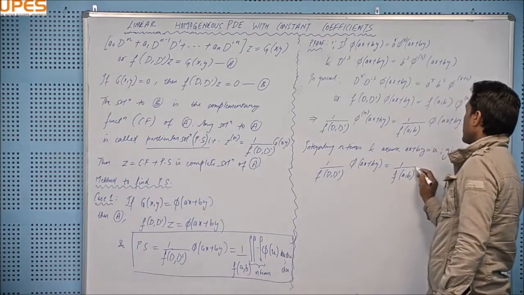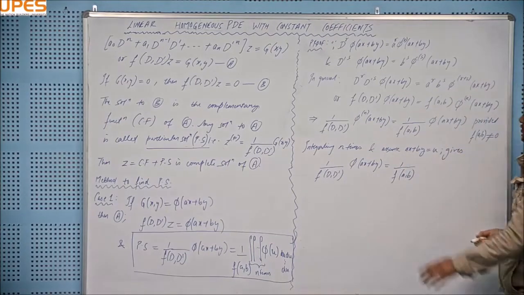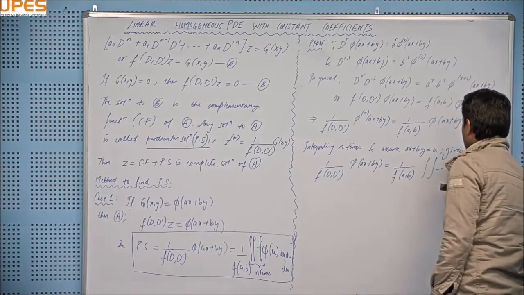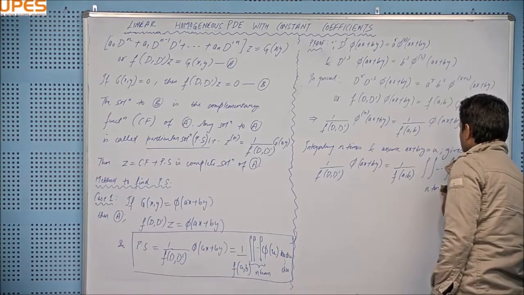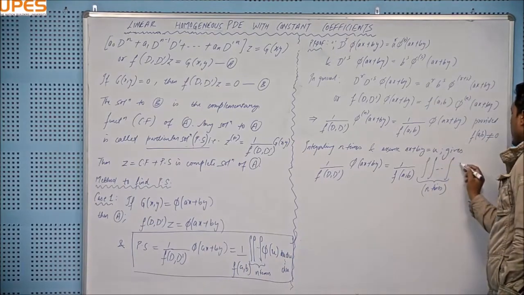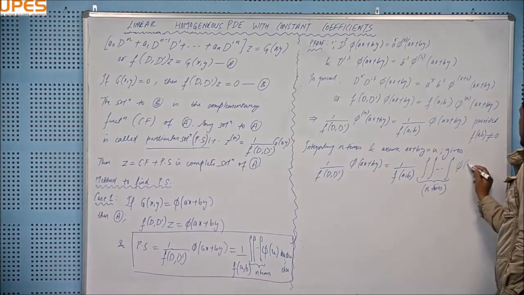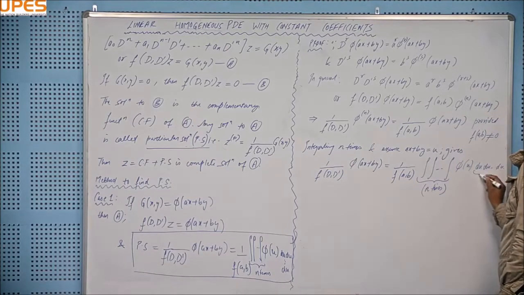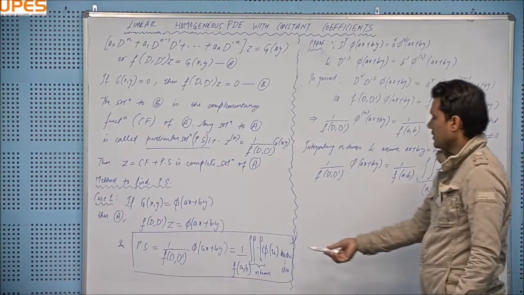It being a constant, f(a, b) has to be taken out of the integral, and the symbol of integration will appear n times. And here we have phi, replaced by u, and obviously I have to write du n times. So this is the proof of this formula, right?